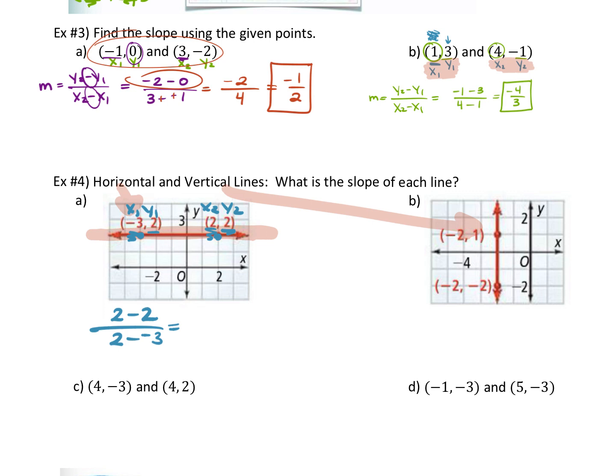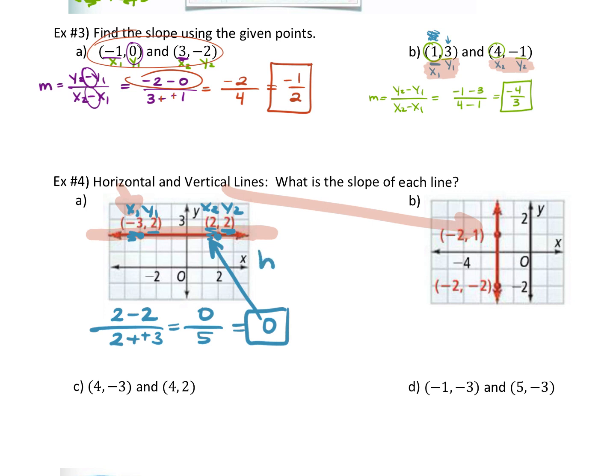When you simplify that, 2 minus 2 is 0. 2 plus 3 is 5. What's 0 divided by 5? It's 0. You're allowed to divide a 0 into 0 groups. So that is 0, okay? That will be the case for every single horizontal line. The slope will always be 0.